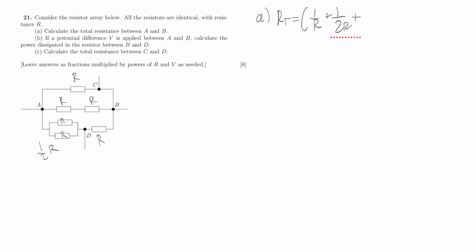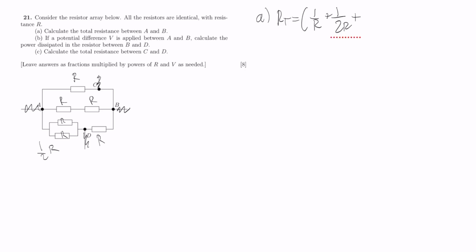I can completely ignore these lines, by the way, because no current is going to flow through them unless we had something connected with them. They serve no other purpose. So half an R plus R is going to give me 1.5 R, which is just 3/2 R, like that, all of it raised to the power of -1.